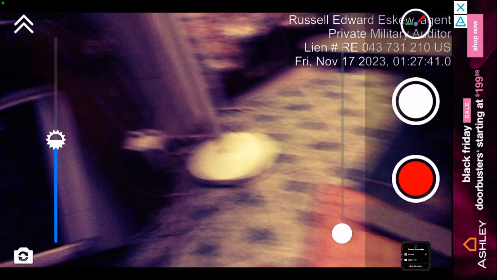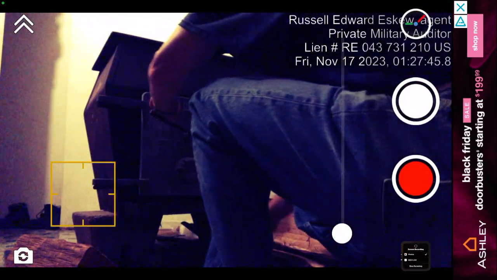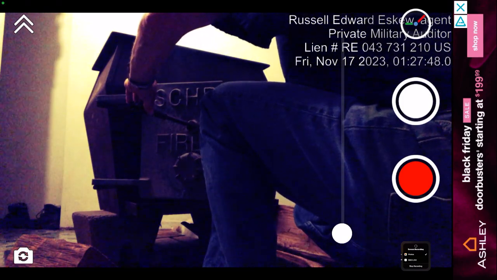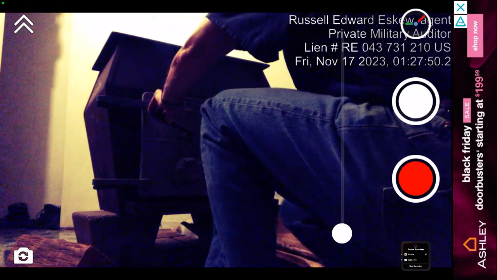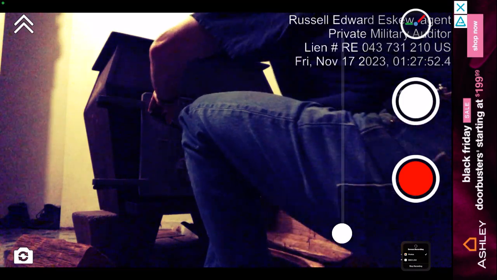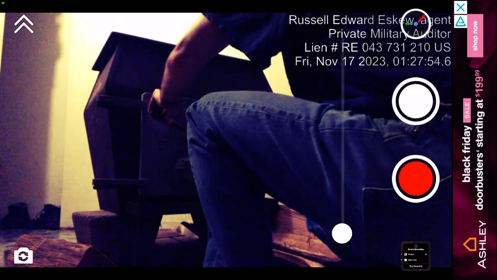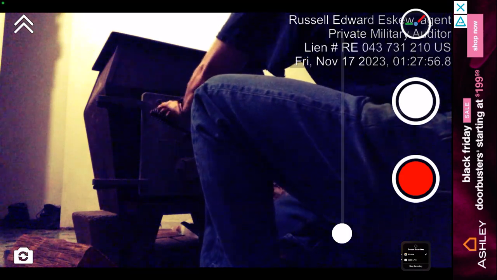All the smoke wants to come out. There. All going here. Smoke wants to come out. I'll put another log in here.